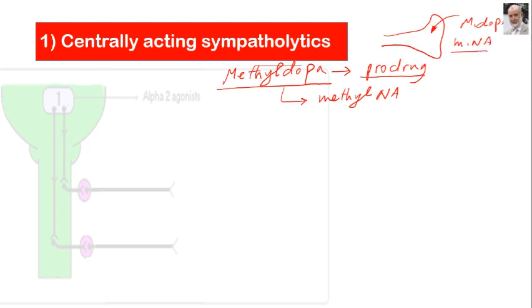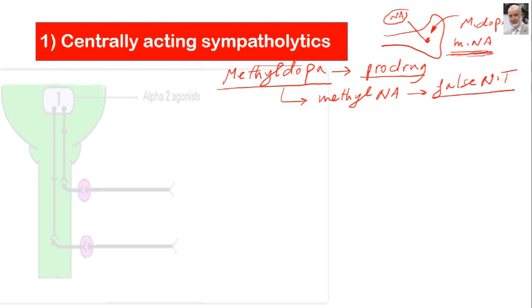Methyl noradrenaline is known as a false neurotransmitter. As we have said, in the adrenergic nerve terminal, usually what is stored? Noradrenaline, which is released. Correct? Instead of noradrenaline, methyldopa will enter the nerve terminal and be converted to methyl noradrenaline.